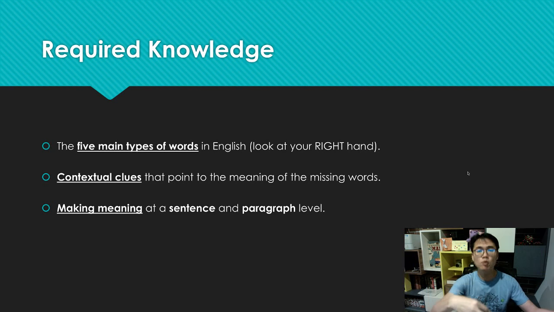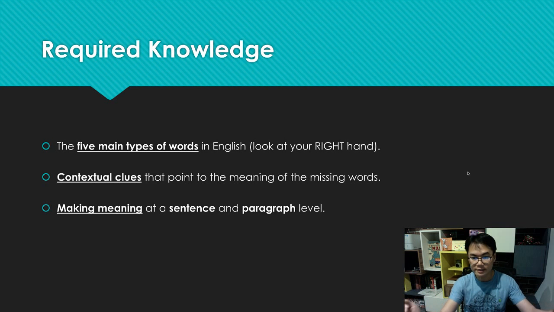If you plop a word in and the sentence sounds odd, bizarre, weird, whatever word you want to use to describe it, then there's something wrong with the word you've just put in there. You've got to look at it again and try different words based on the contextual clues that fit until the meaning of the sentence is logical, it makes sense.